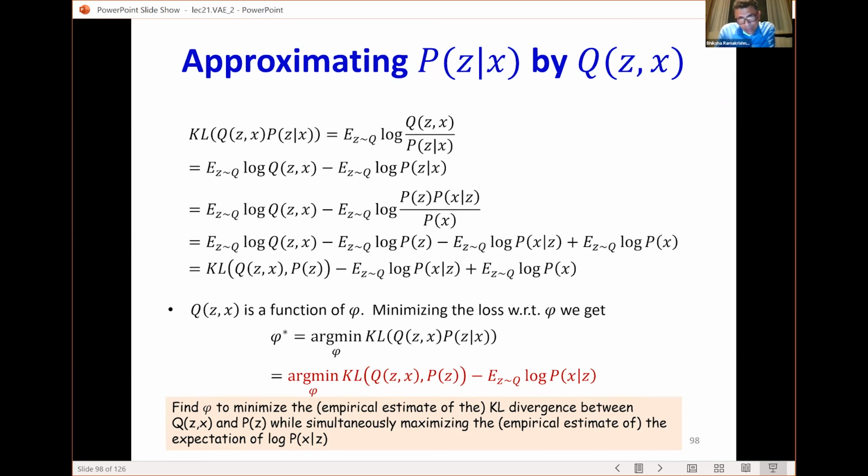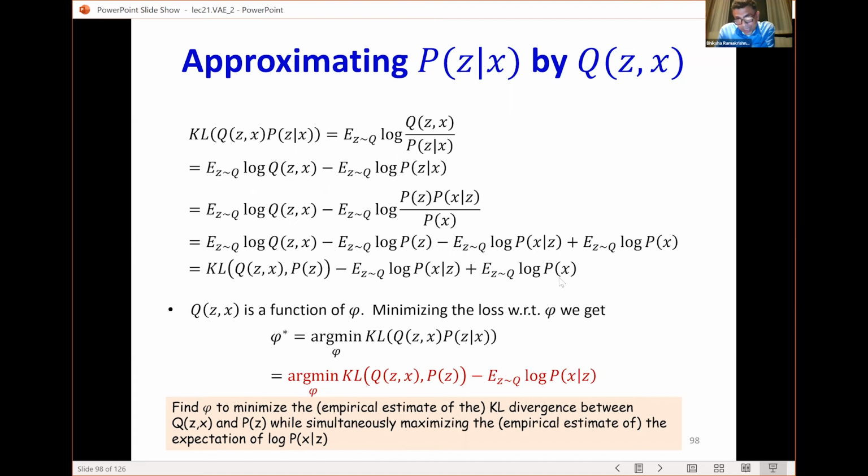Now, this last term, Q of z given x is a function of x, right? You want to minimize a function of phi. The log of P of x has no dependence on z at all, right?